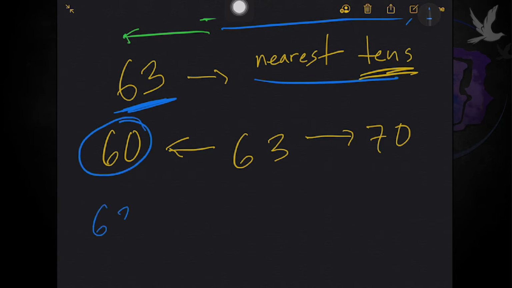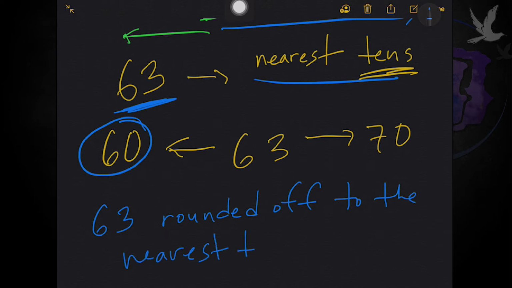Okay? 63 rounded off to the nearest tens is 60. Okay, so that's what you basically mean when you round off a number.